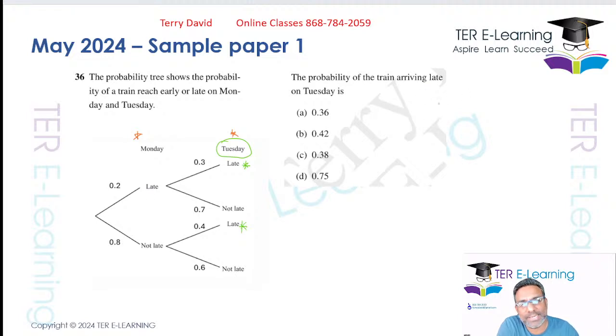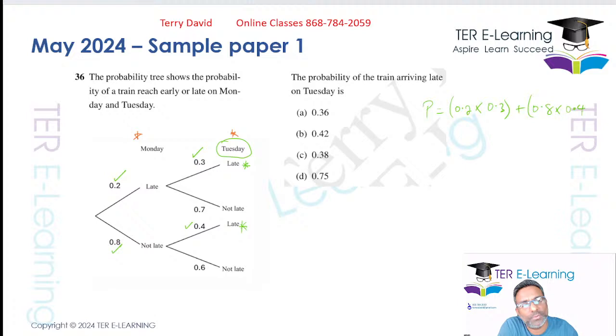The probability we're looking for: it has to be late on the first day, which is 0.2, multiplied by reaching late on the second day, which is 0.3, or, the other case, it reached early on Monday, that's 0.8, multiplied by the probability that it reaches late on Tuesday, which is 0.4.